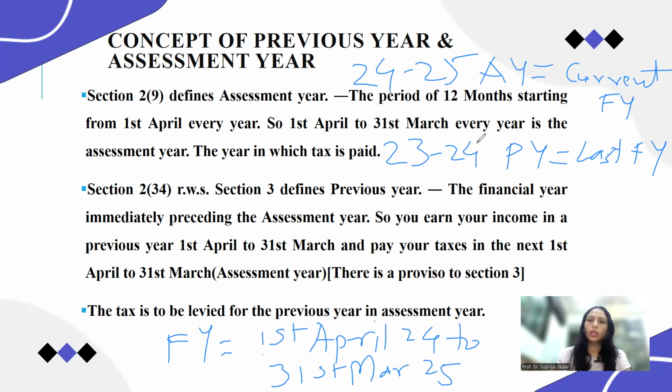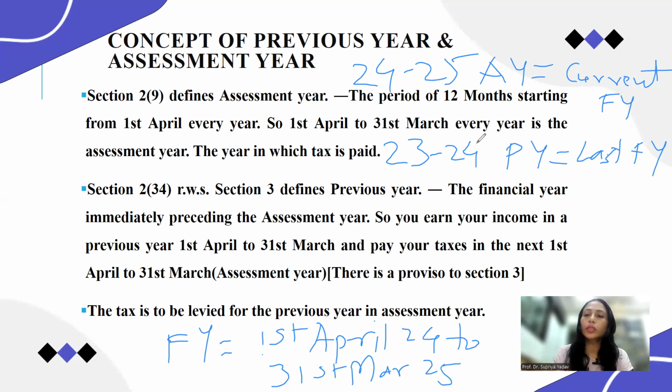Okay, understand this? The financial year is a permanent one. In India, it starts on 1st April and ends on 31st March, and the current financial year is your assessment year, and the last financial year is your previous year.